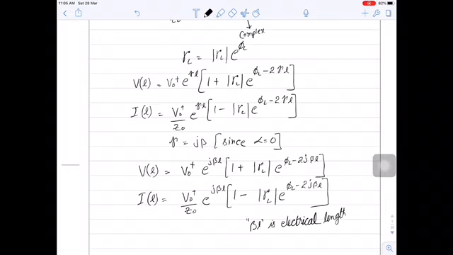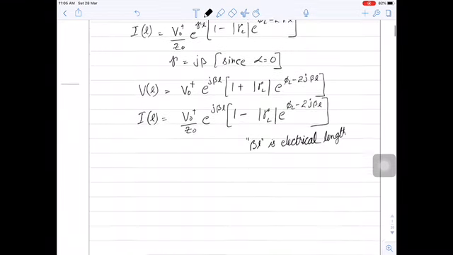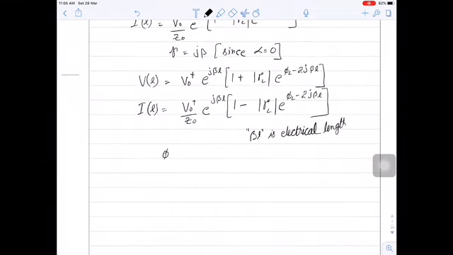The second observation is the phase of this complete voltage and current. Let us say the φ_L value is 0, which implies the phase which is available is 2jβL.